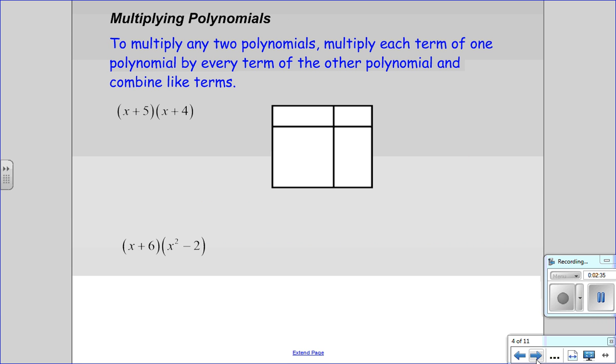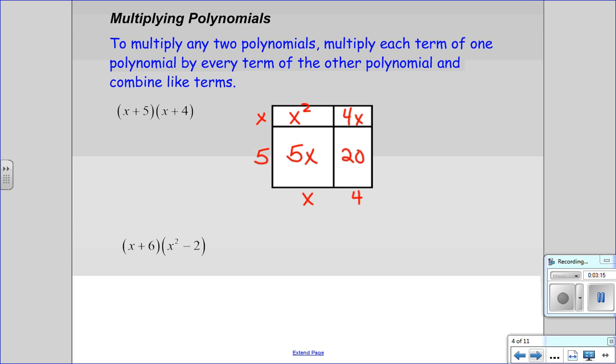So this is our rule for multiplying any polynomials. To multiply any two polynomials, you multiply each term of one polynomial by every term of the other polynomial, and then you combine like terms. So I have this example, x plus 5 times x plus 4. It's two binomials together. I could draw a little picture using a rectangle to do this, and then figure out what our four smaller products would be for smaller areas, and then add all four of those up.